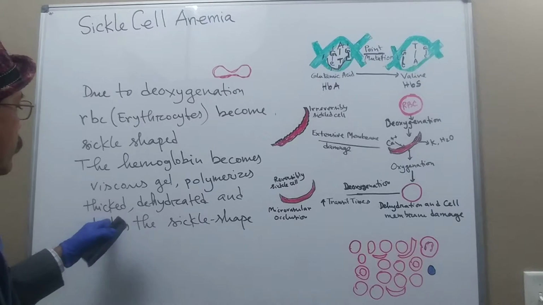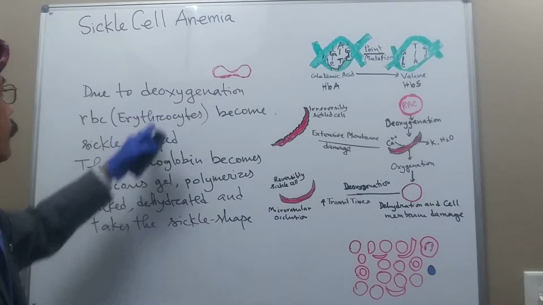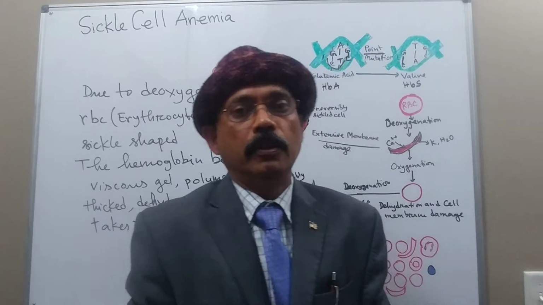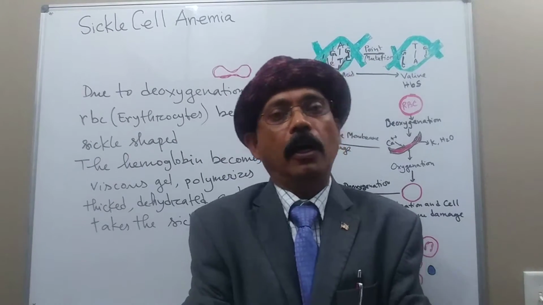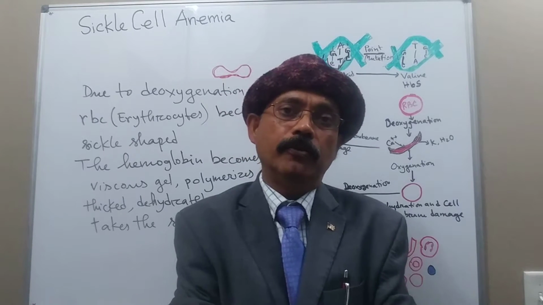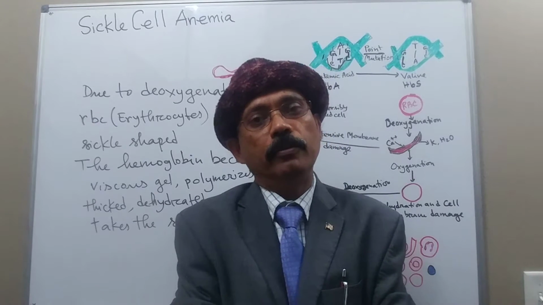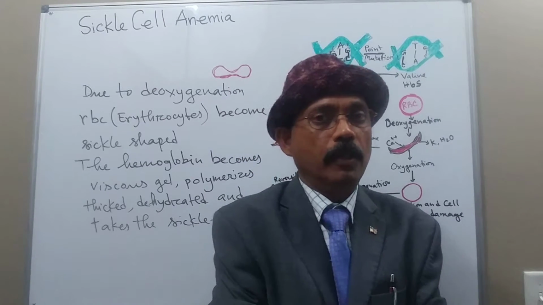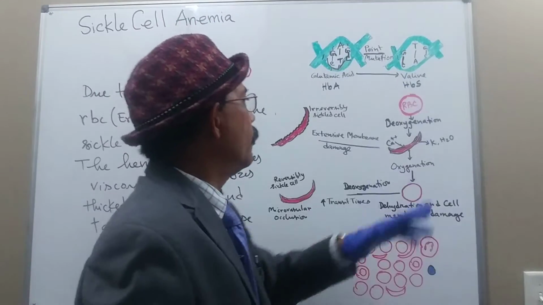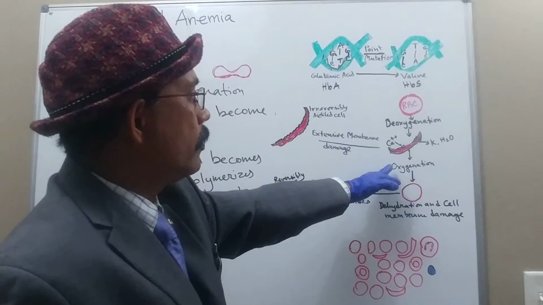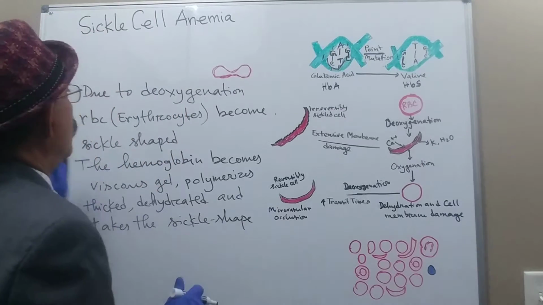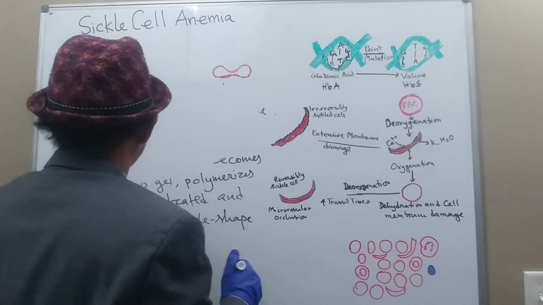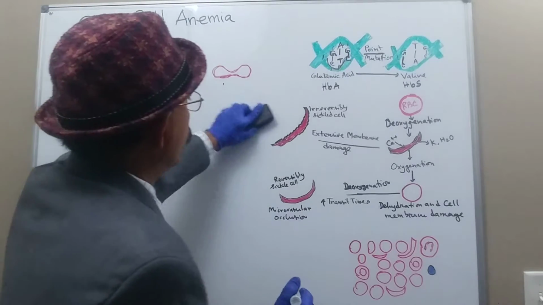This happened due to deoxygenation, and there are some predisposing factors for it. It may be dehydration, high altitude, acidosis, or some type of infection that may lead to sickling of the RBC. It is reversible initially. What are the changes in sickling?